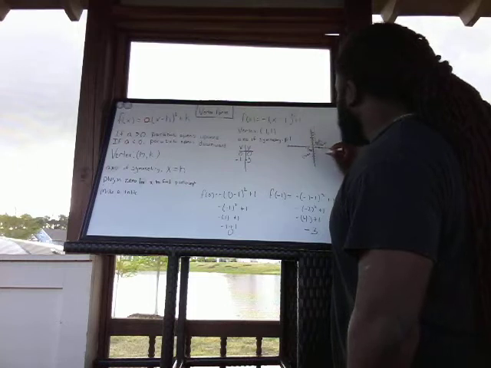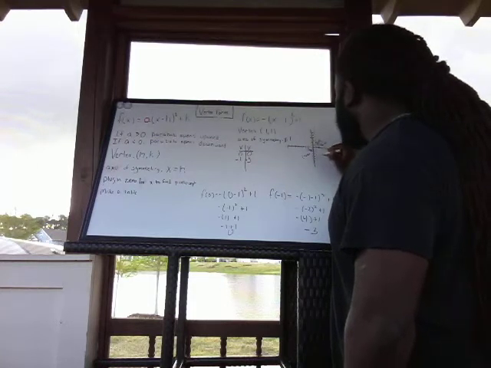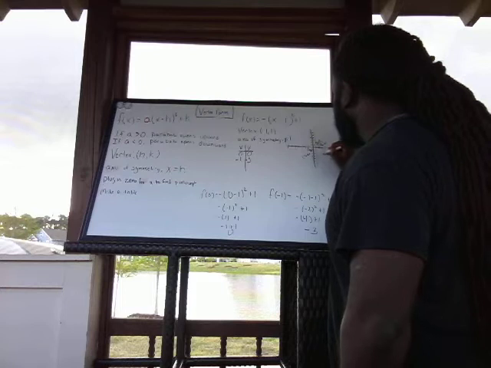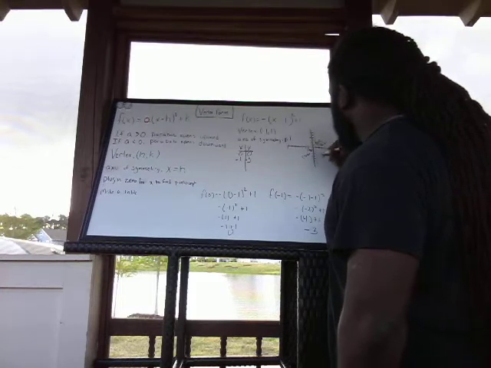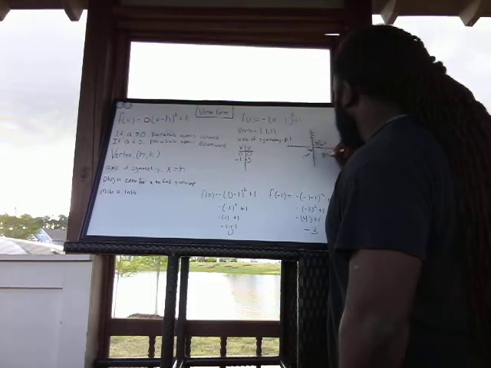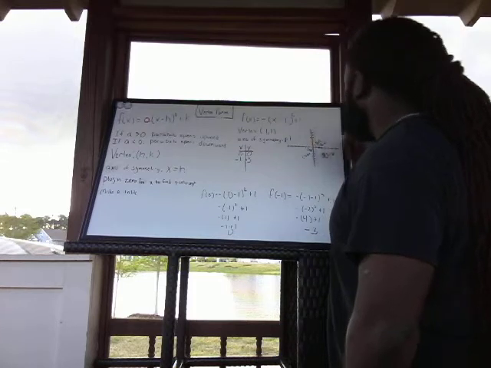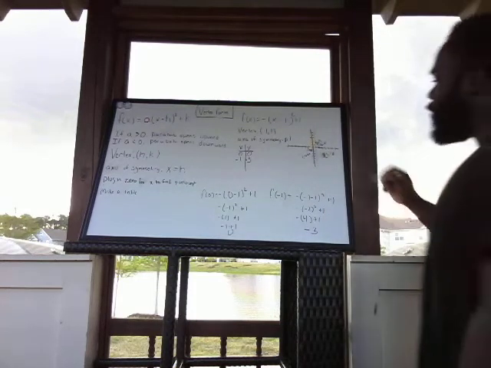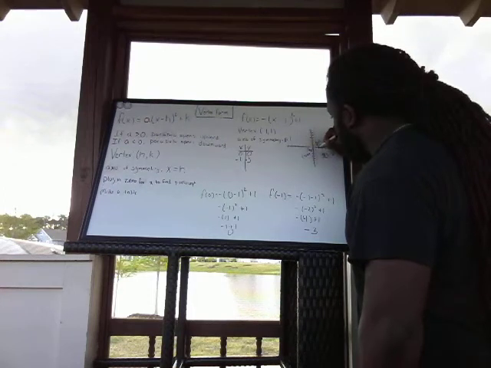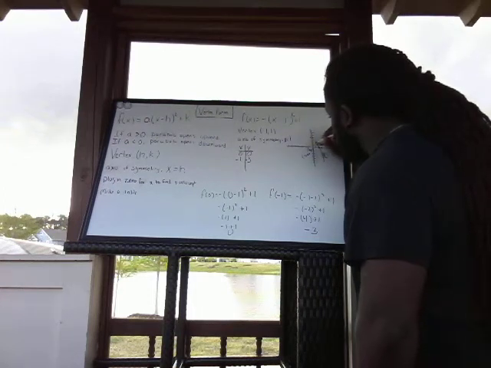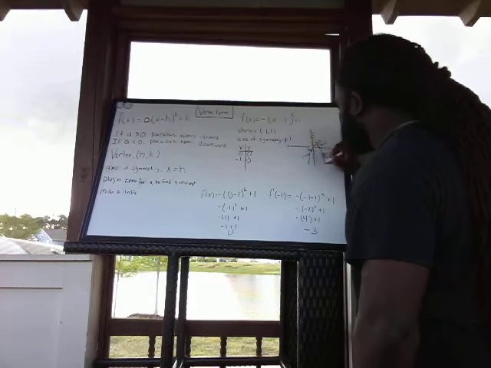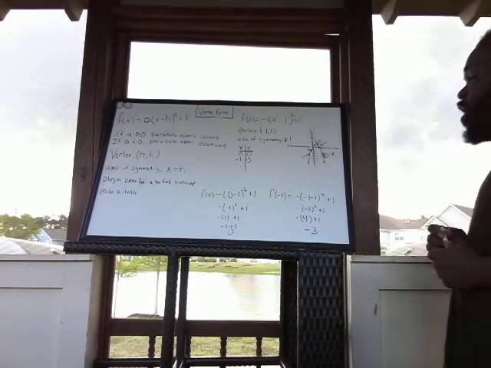So we can move 2 units away this direction, and that's going to give me 3, negative 3. We plot this point, and now we have 5 points for my parabola. We can just draw through those points, and now we have our parabola.